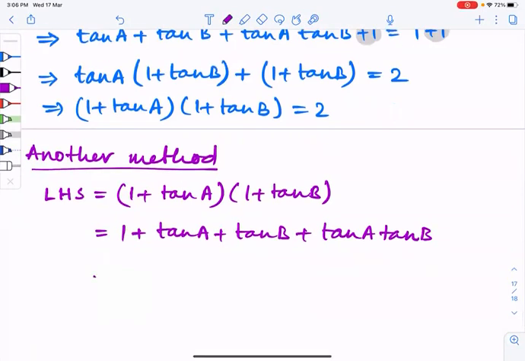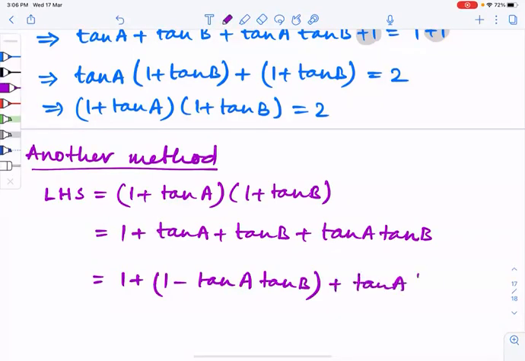So this is equal to 1 plus 1 minus tan A tan B in place of tan A plus tan B, and I have tan A tan B.